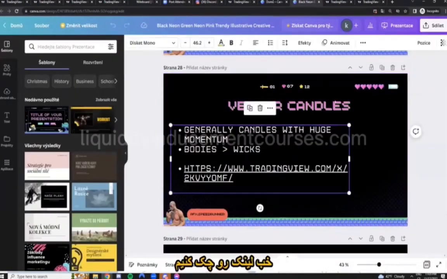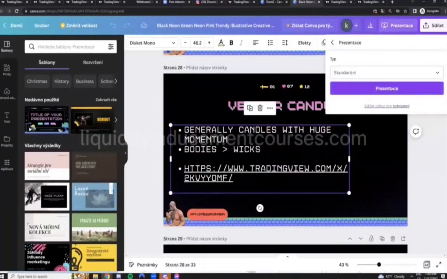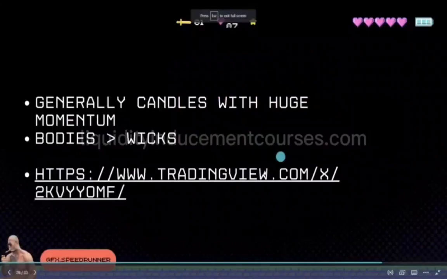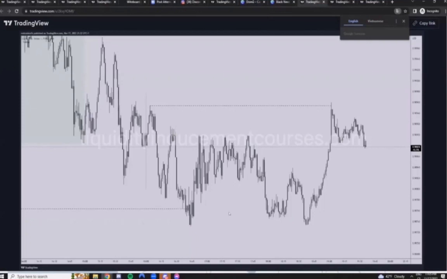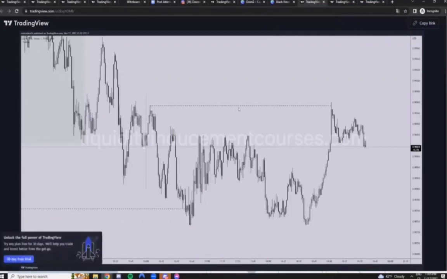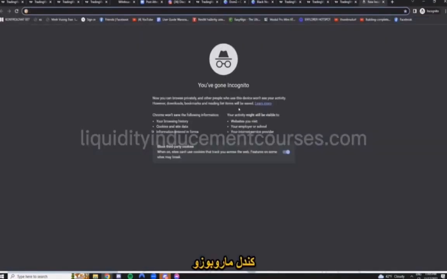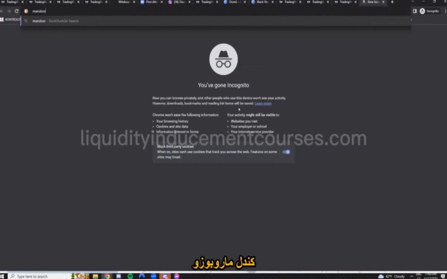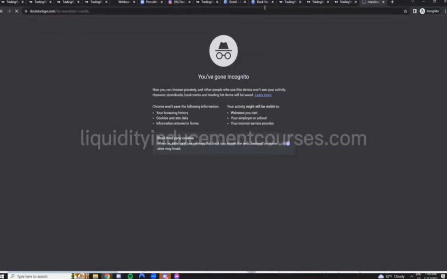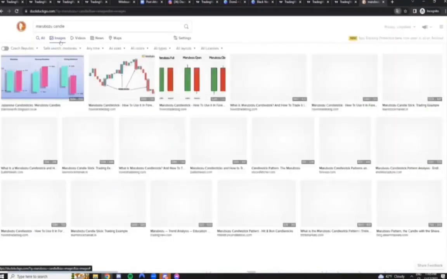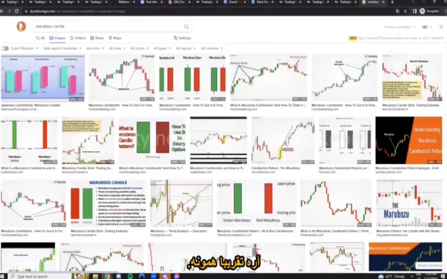So let's check the link. Yeah, so here you see 2 perfect examples. Marubozu candle. What the hell is Marubozu candle? Yeah, pretty much.